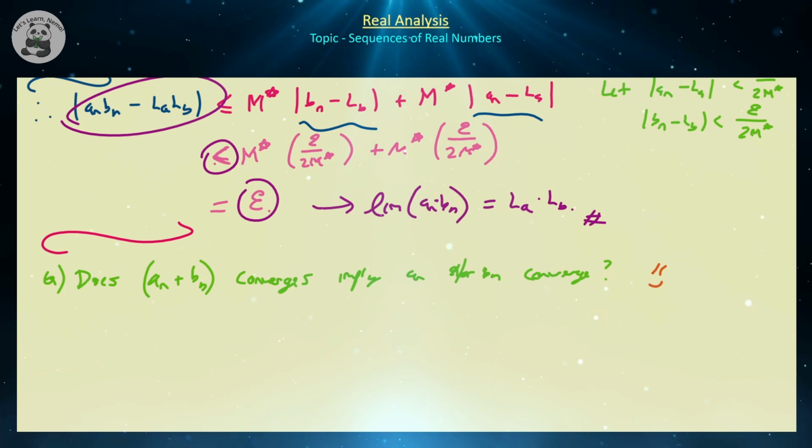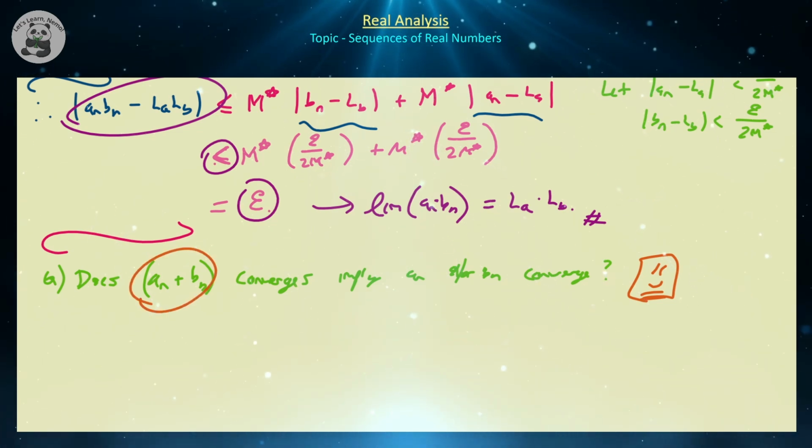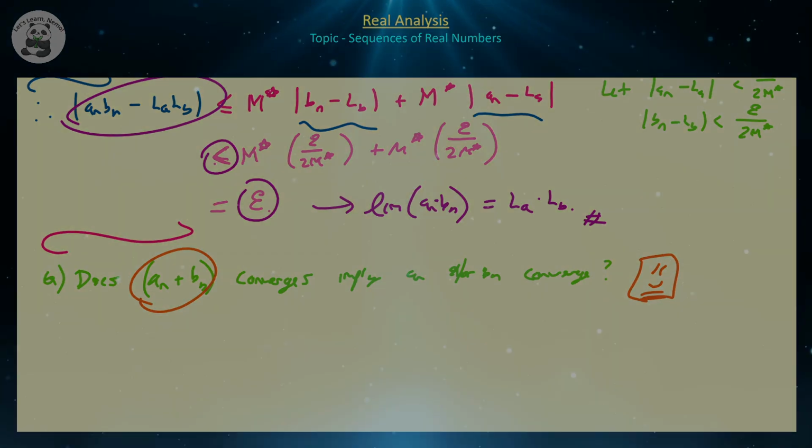So I'll leave this question for you, but it's actually not a happy story. But keep in mind, if the sequences converge, then linear combinations and products also converge. But if a sequence converges, it's possible that you can construct divergent sequences that add up into that convergent sequence. So that's a fun little thing to think about.